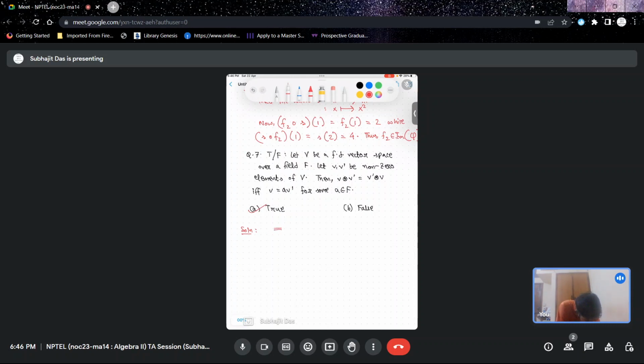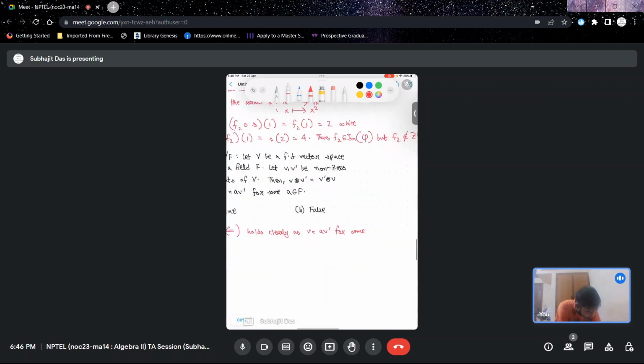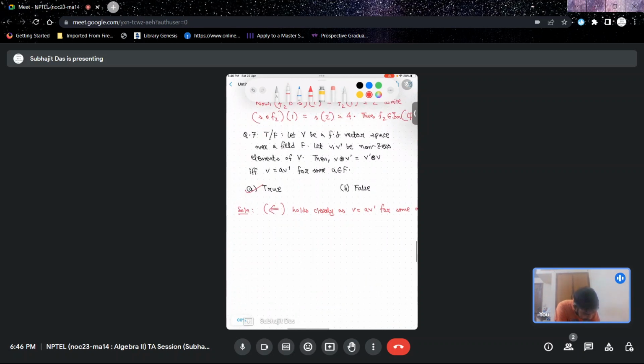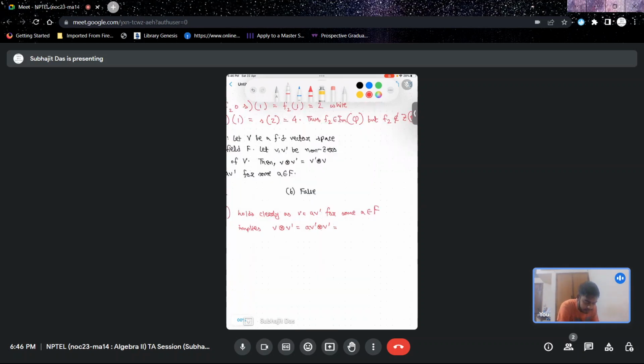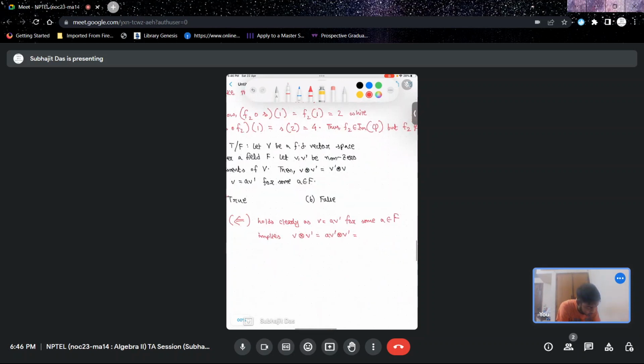The opposite implication, that is, linear dependence implies that the two are equal, holds clearly, as v equal to a v prime for some a in F implies v tensored with v prime is equal to a v prime tensored with v prime, which is equal to, since a is in F and you are taking the tensor product over F, you can move it to the other side.